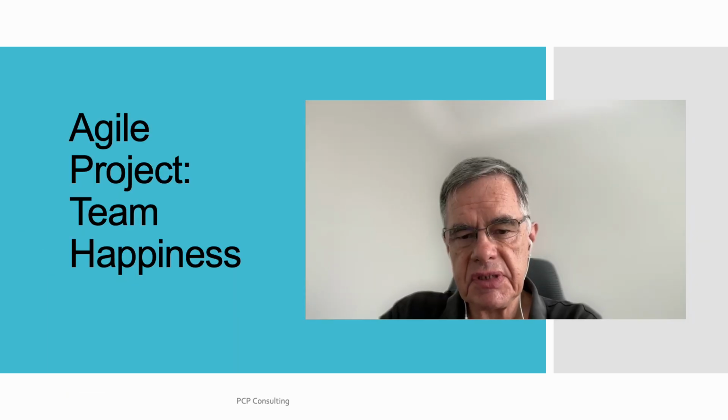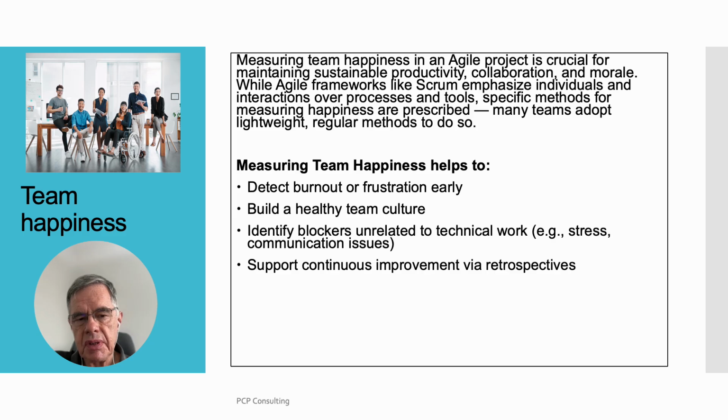Agile project, team happiness. Measuring team happiness in an Agile project is crucial for maintaining sustainable productivity, collaboration, and morale. While Agile frameworks like Scrum emphasize individuals and interactions over processes and tools, specific methods for measuring happiness are not prescribed.